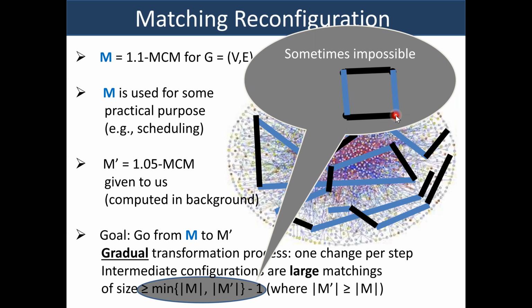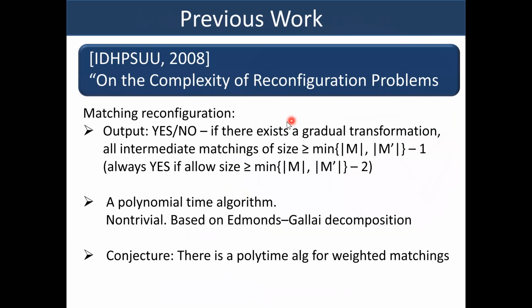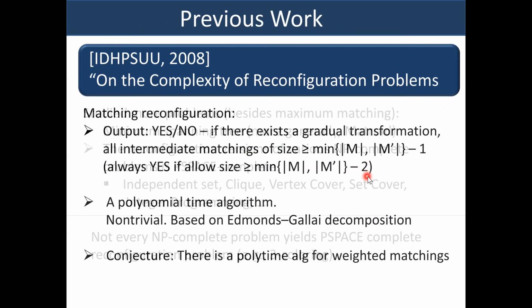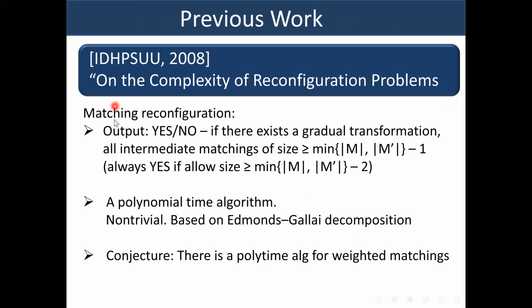So this incurs 2 units of loss. So sometimes we need 2 units of loss to the size of the output matching, but we never need more than 2 units of loss.